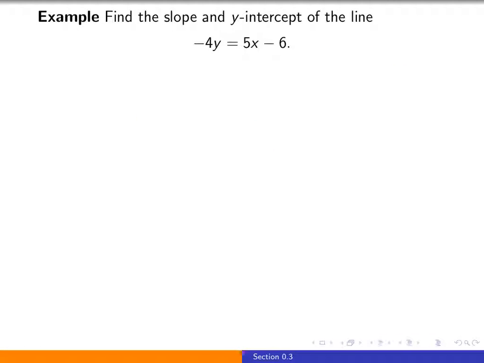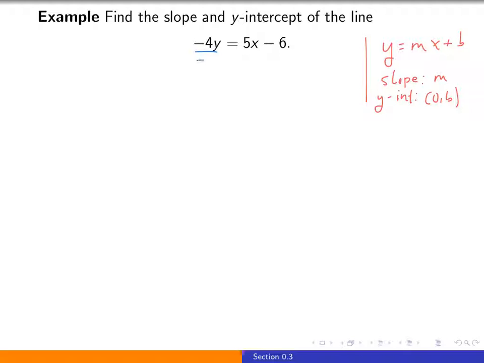Now, a different type of question we can ask is, for the line given here, can we find the slope and y-intercept? Well, in order to do so, we're just going to put it in that slope-intercept form. So if you ever have a line written in the form y equals mx plus b, the slope is m, and the y-intercept is the point (0, b). So let's do a little bit of algebraic simplification.